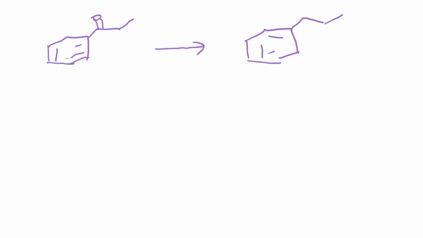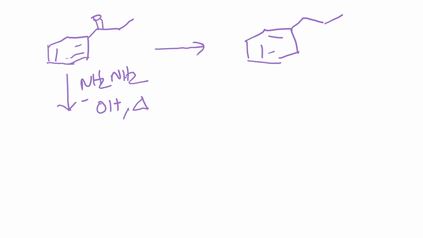There are two strategies that have been suggested, and the first one is the Wolff-Kishner reduction, which is a reaction with hydrazine, NH2NH2, in the presence of hydroxide ion, usually potassium hydroxide or sodium hydroxide, and then we heat.